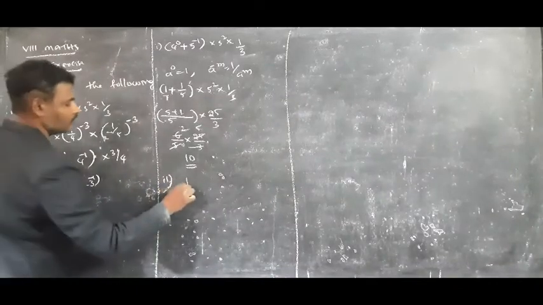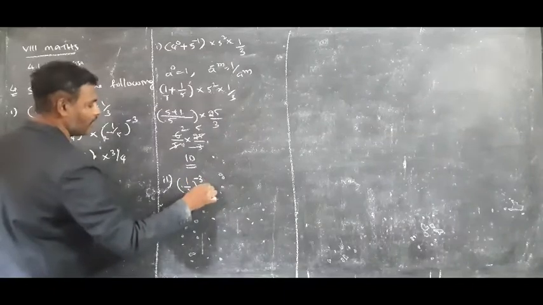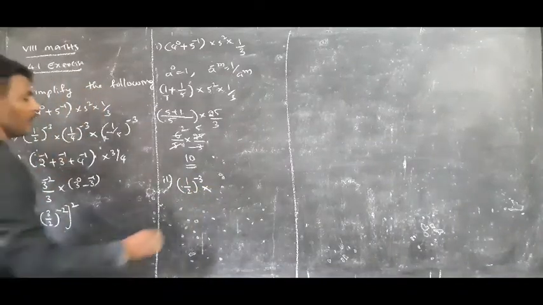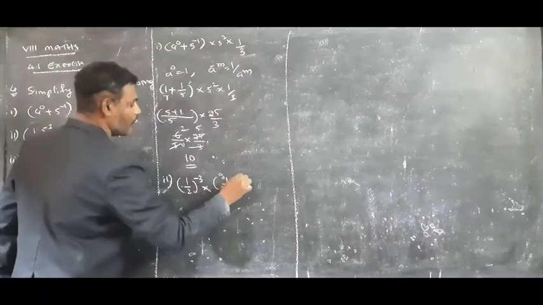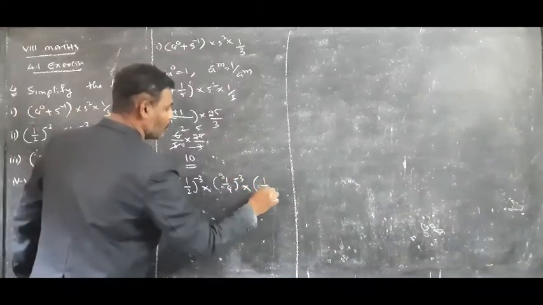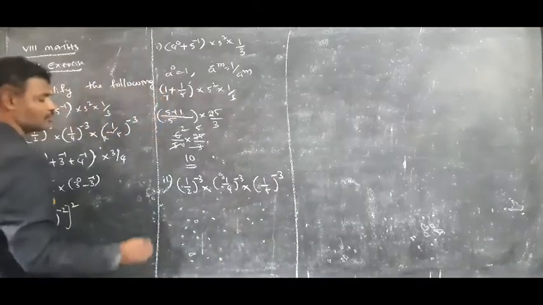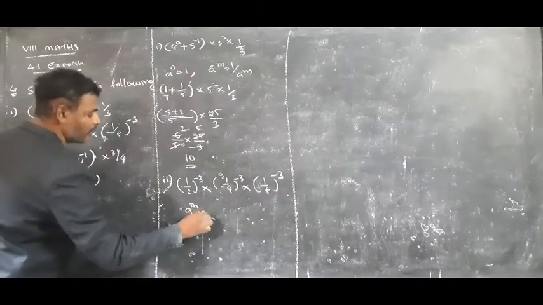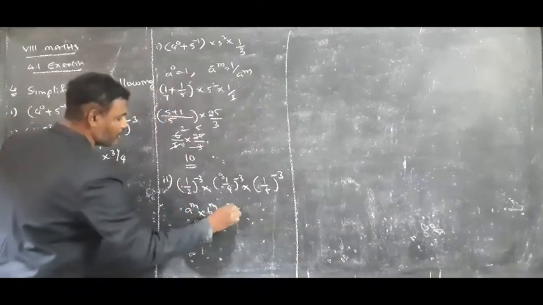1 by 2 whole power minus 3 into 1 by 4 whole power minus 3 into 1 by 5 whole power minus 3. So here a power m into b power m into c power m.